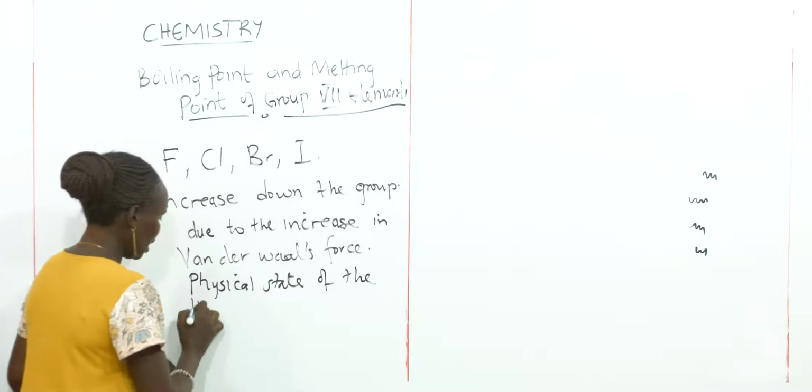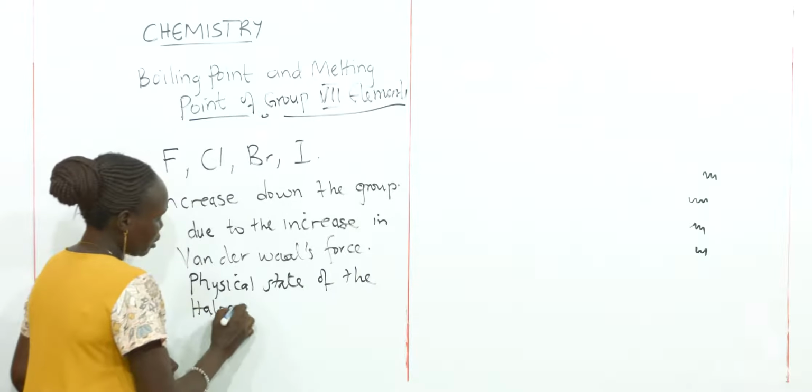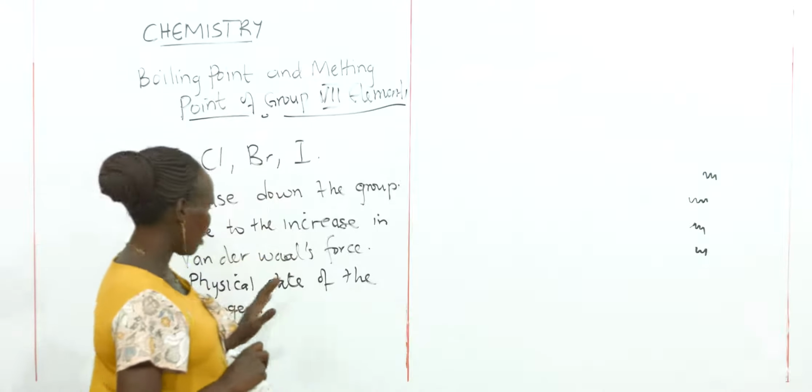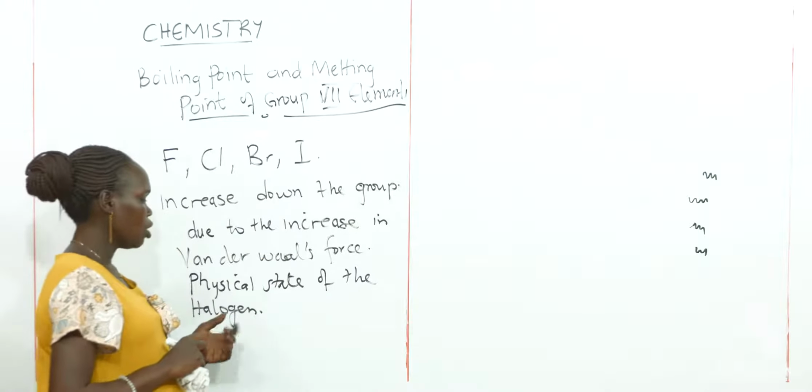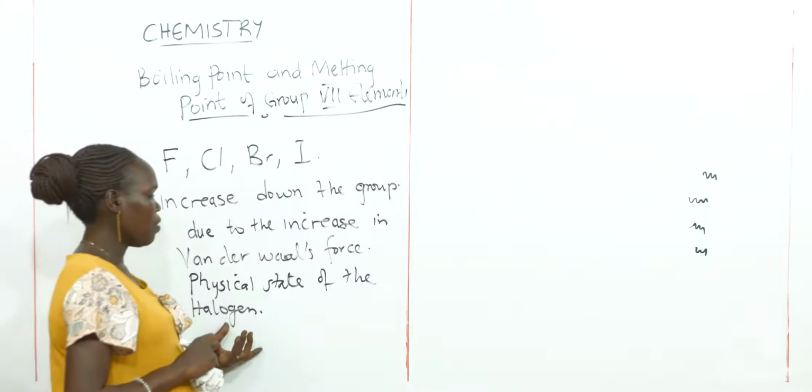So this van der Waals force is very important, and it affects the melting and the boiling points, and also the physical state, and its effect is seen in the changes of the physical state of these elements. We are going to see how the values of these elements change as we move down the group.